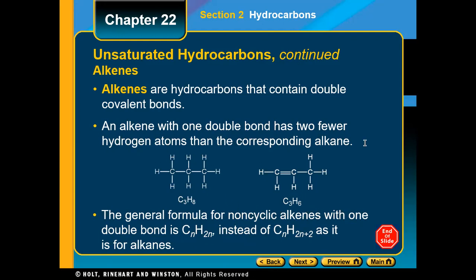That means if you have a cyclic alkene, let me go back to the cyclopropane, and now you have a double bond here. My question is, how many hydrogens will this guy have? This carbon, how many hydrogens can it handle?